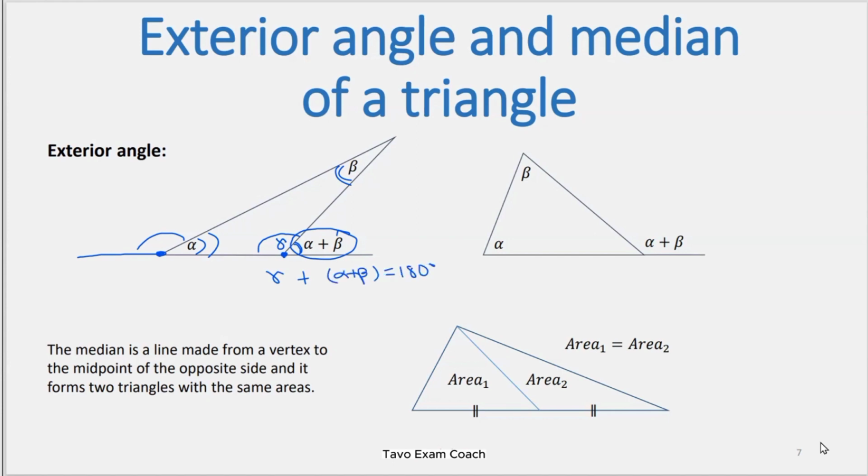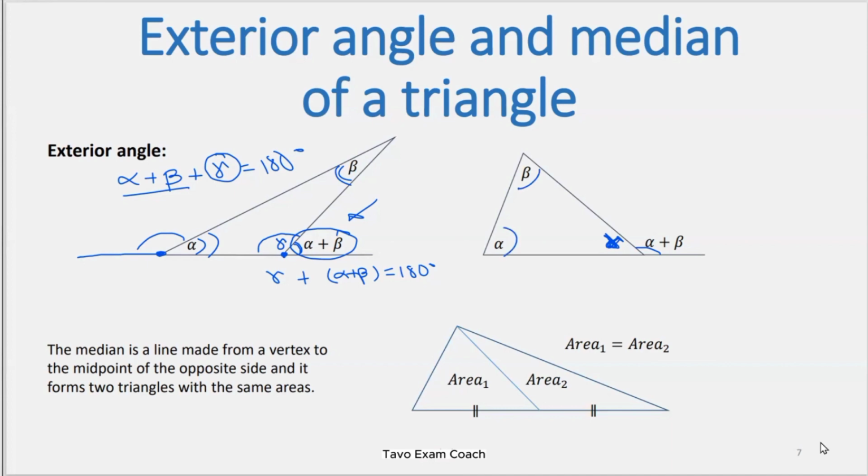And as you know, from this theorem, the sum of the interior angles of any triangle is always 180 degrees. So it's no wonder that this measure is 180 degrees minus this, right? Exactly as indicated in the figure. So you can see another example here. Here is another angle gamma, and the exterior angle should be the sum of this and this.